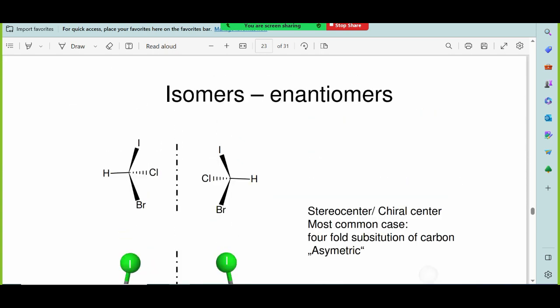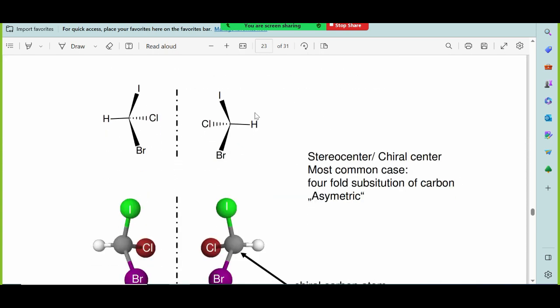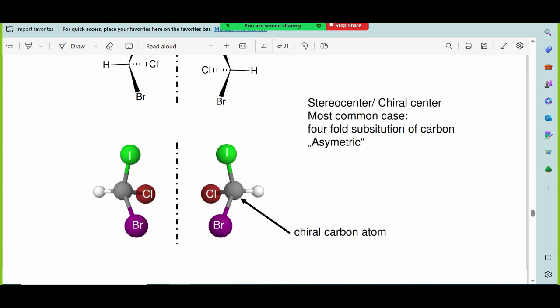And this happens normally when we have a chiral center. It can be a chiral carbon or a chiral axis. Chiral means that it's bonding to 4 different elements or groups. For example, in this case, we have hydrogen, chlorine, bromine, iodine. They are 4 different atoms. They can also be 4 different groups.